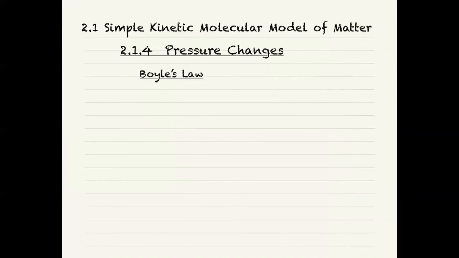Section 2, thermal physics. For Boyle's law, the formula is P1V1 = P2V2. P1 is pressure in situation 1.